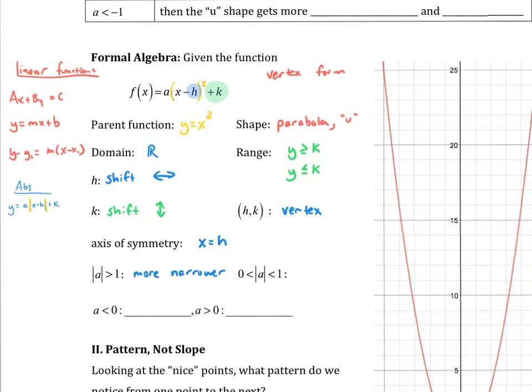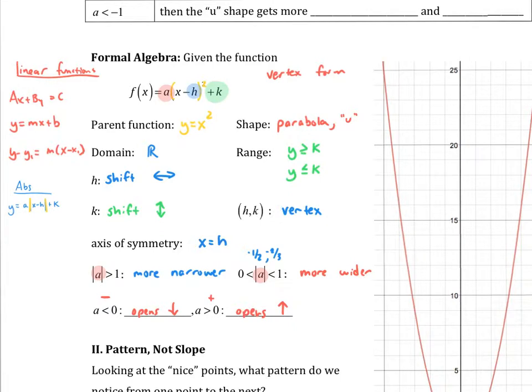Well, to flip that around, when we have numbers like 1/2 or 2/3, or the negatives there as well, as a is changing, then what happens is we end up getting more wide, or wider, than the parent function. And the key thing is that if a is negative, it opens down. And if a is positive, then the whole parabola opens up.